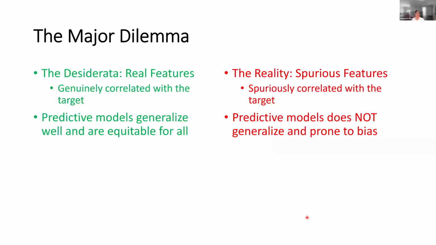The major dilemma is how to find what are real features and what are spurious features. As you know, the ideal case for any predictive model we use is to learn the real features. We don't want to learn spurious features, because the real feature is genuinely correlated with the target.